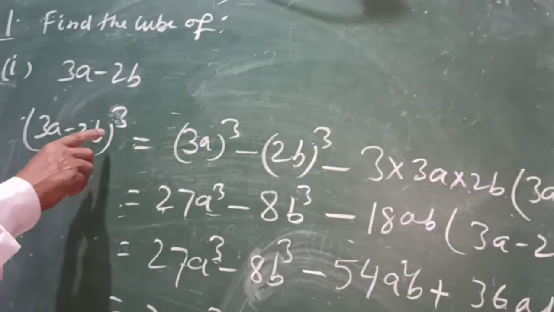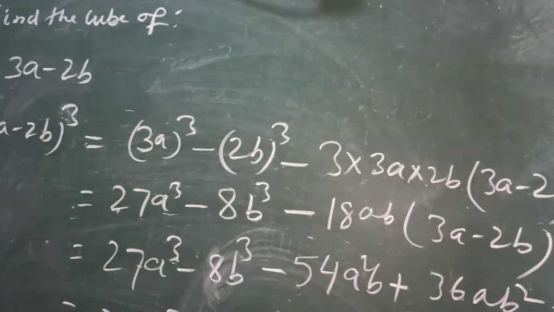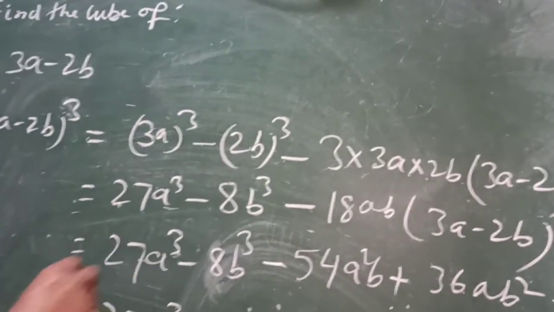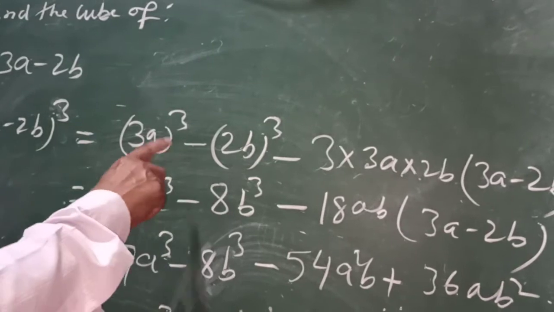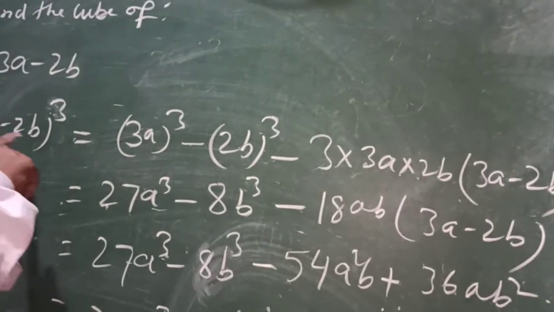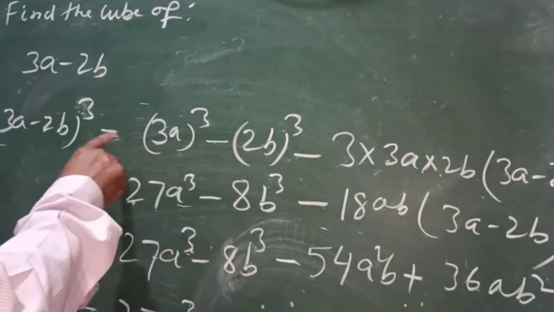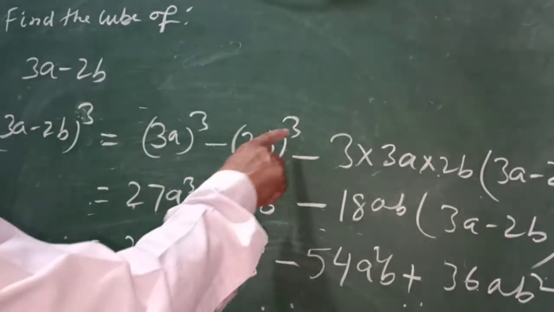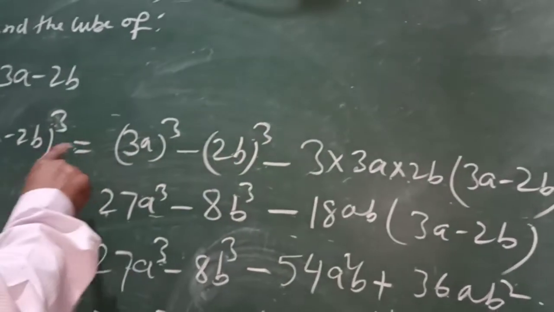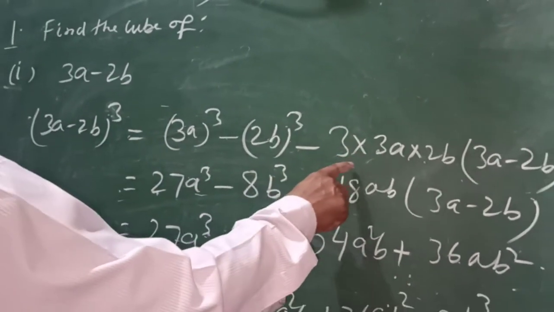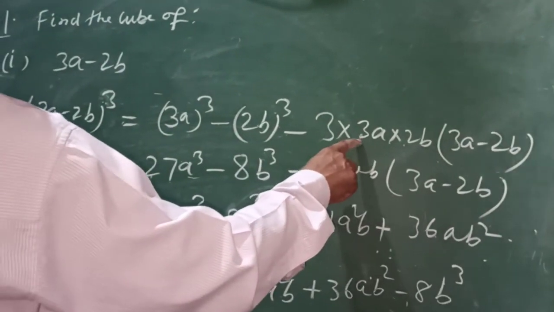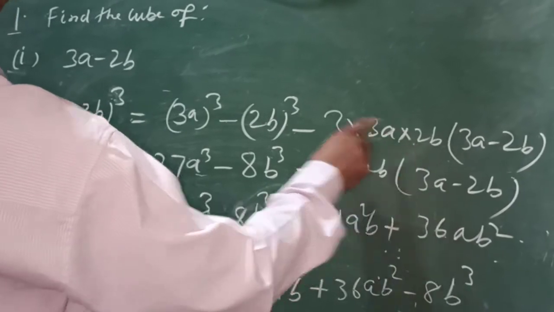3a minus 2b whole cube is equal to, according to the formula, expand this: 3a whole cube minus 2b whole cube minus 3ab, 3 into, in place of ab write here 3a into 2b.